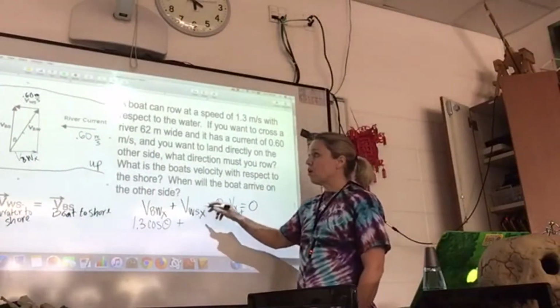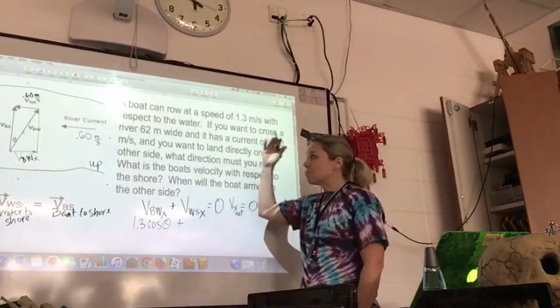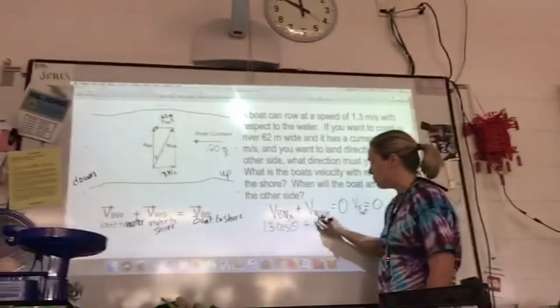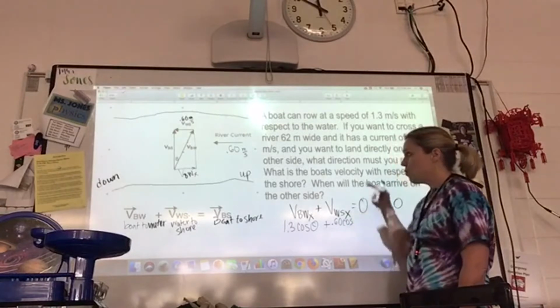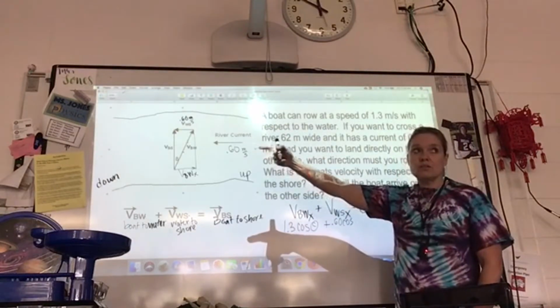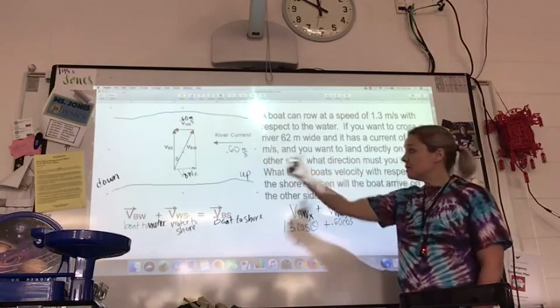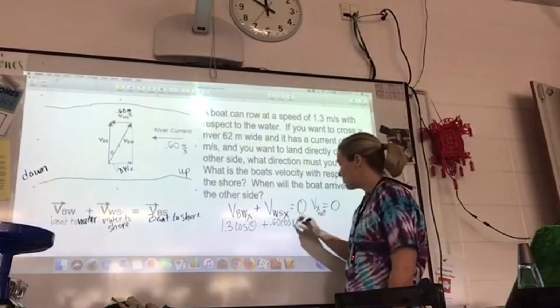I know people already know. How much is the river going in the x direction? It's 0.6, but it's this way, so it's negative. But let's prove that it's negative. So let's put 0.60, and then we're going to do cosine. What way is it pointed? 180. Is everyone with me? This is 0, this is 180.